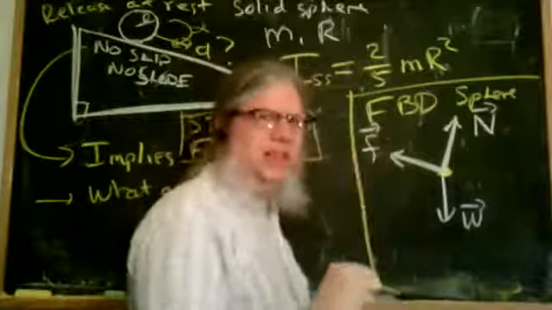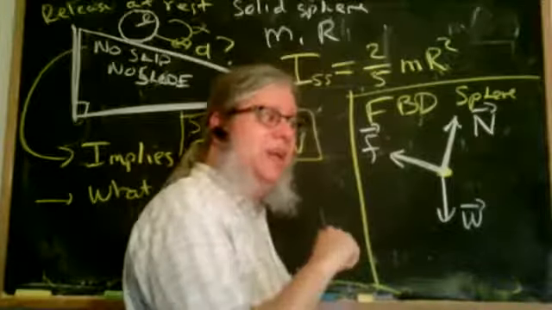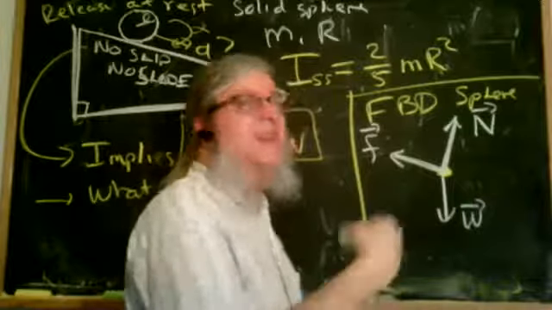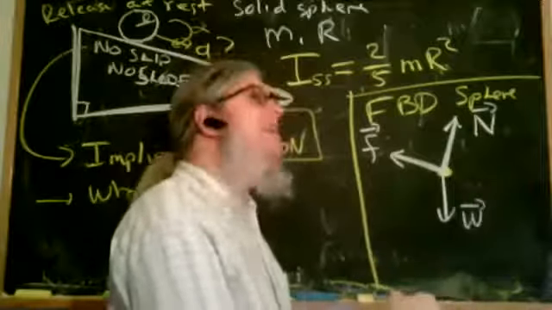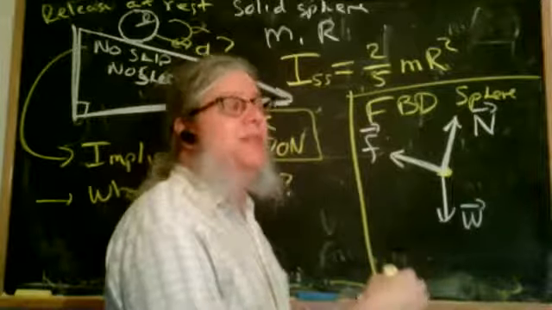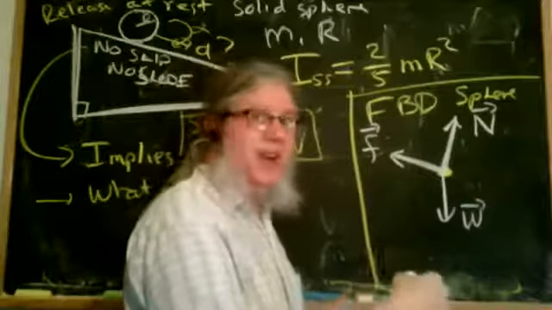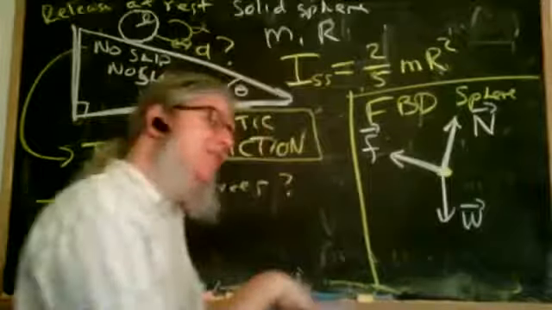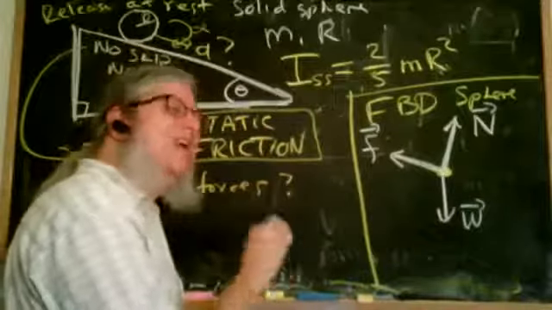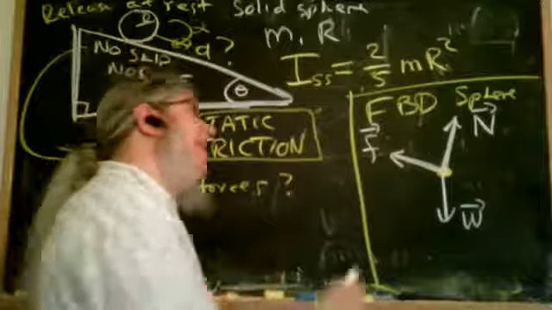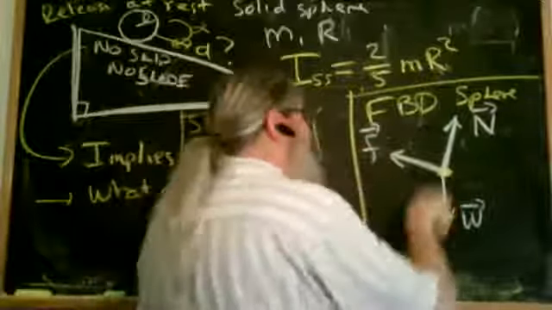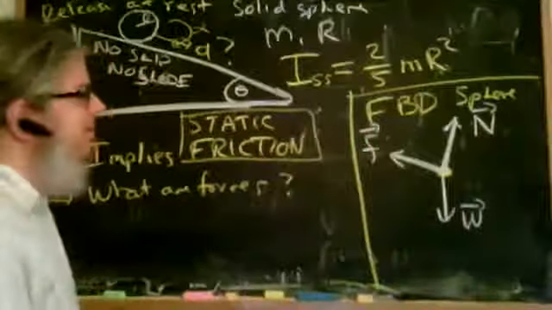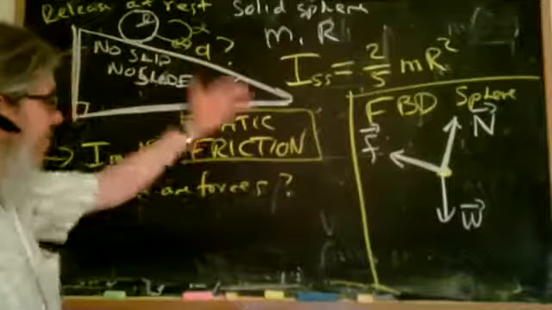A couple of you guessed wrong on the last exam, got a negative answer, and didn't notice that it was negative. So you lost a couple points, not because you got the force of friction wrong, but because you didn't notice that the answer at the end was negative, and therefore you must have got friction wrong. Always check your final answer. If you're calculating the magnitude of a force and you get a negative number, you've got the direction of the force wrong. Okay, back to our problem here.